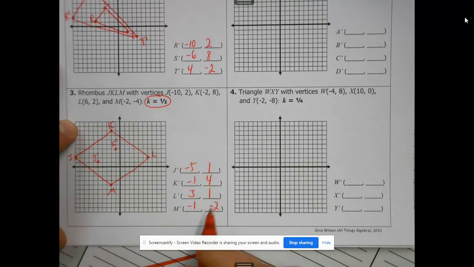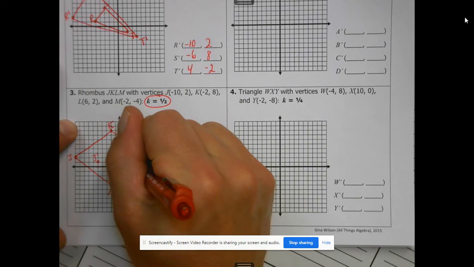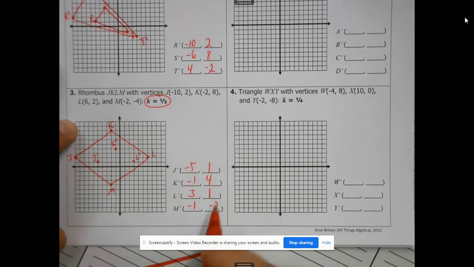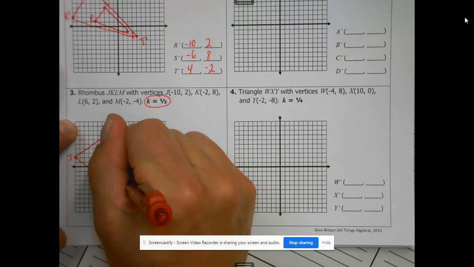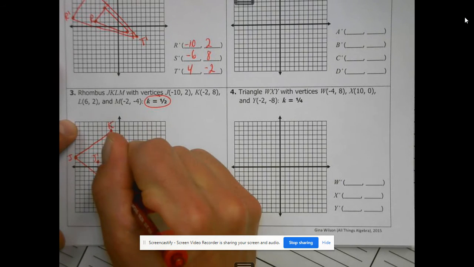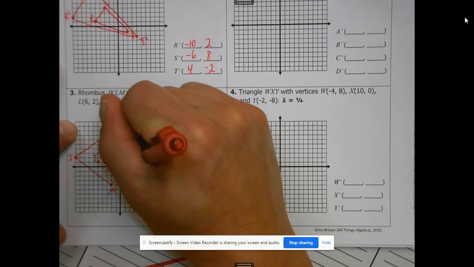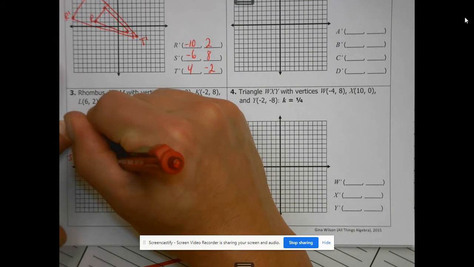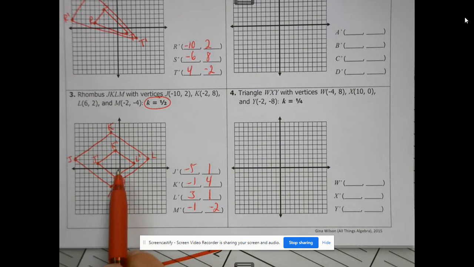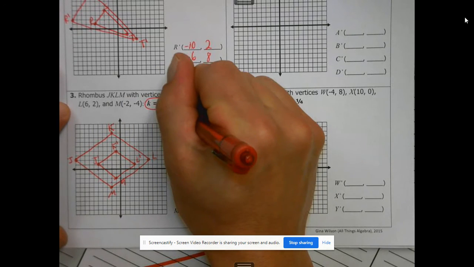L prime, over 3, up 1. And M prime is back 1, down 2. And it looks like we did it correct. The image is definitely inside of the pre-image. So this was an example of a reduction.